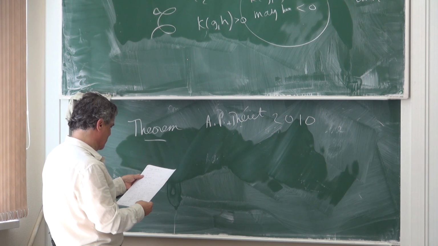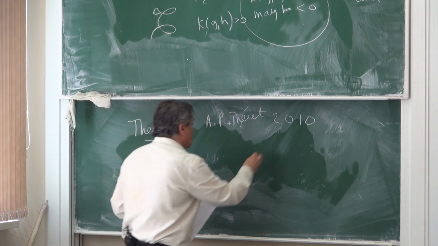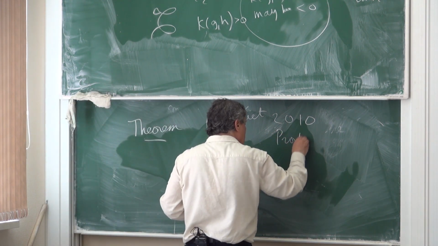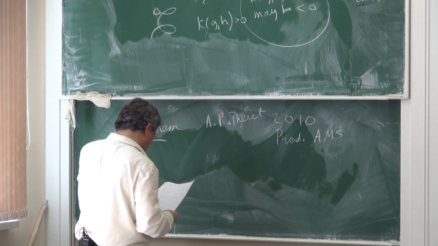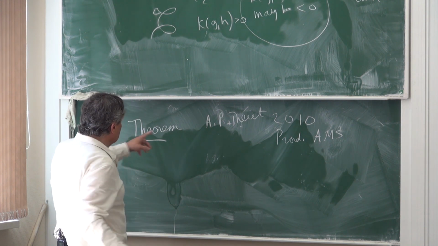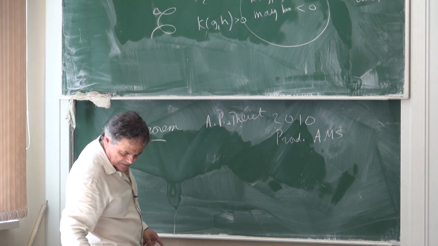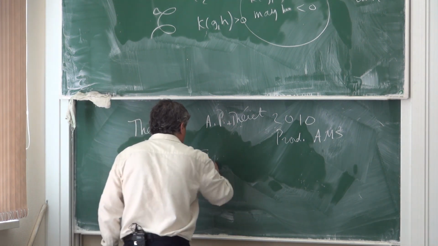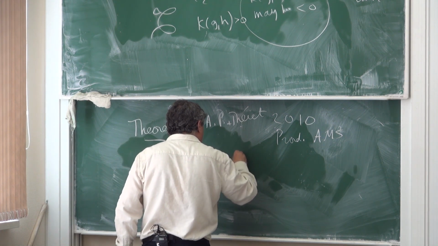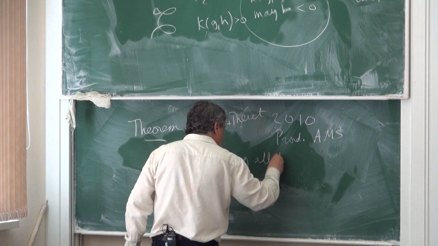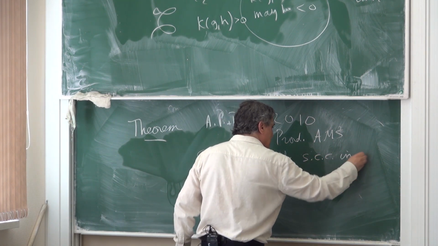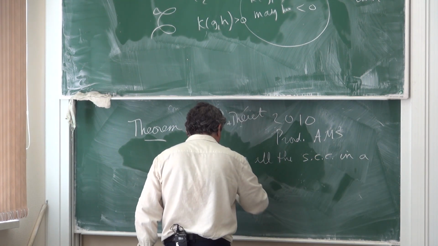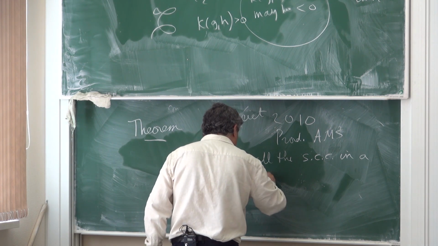This is in the Proceedings of the AMS, and the theorem is called shortening all the simple closed curves in a hyperbolic surface.